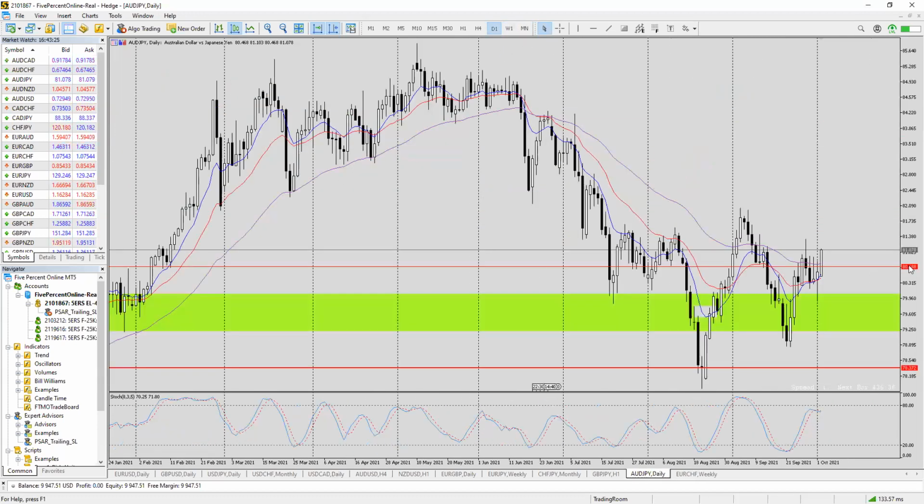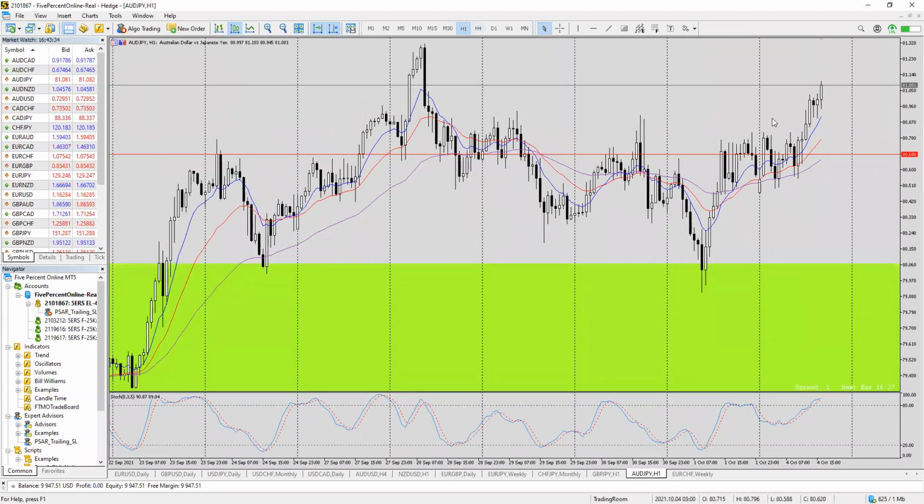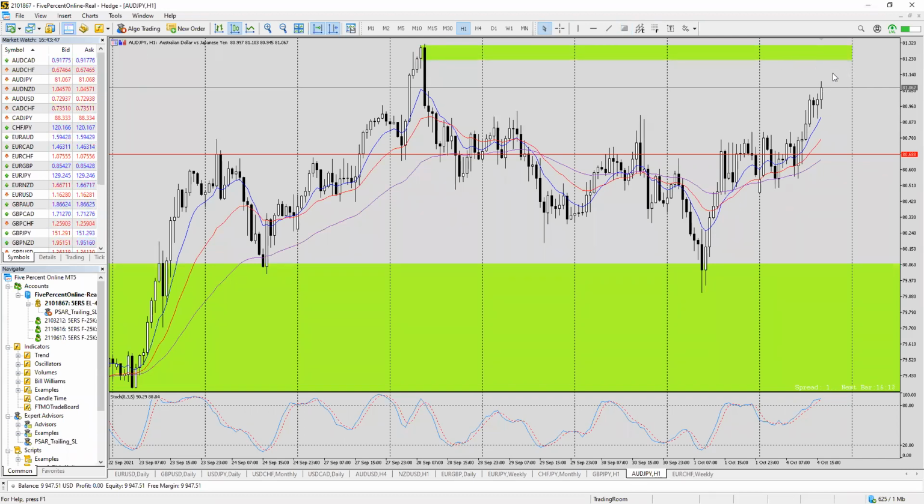So Aussie yen could continue higher, and on the short-term time frames, I think now it's not a good place to enter, but if it reaches this supply zone, retests it, maybe goes down, and then retests previous zones like this area here.